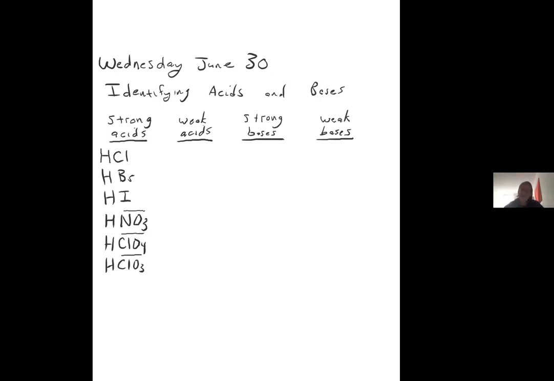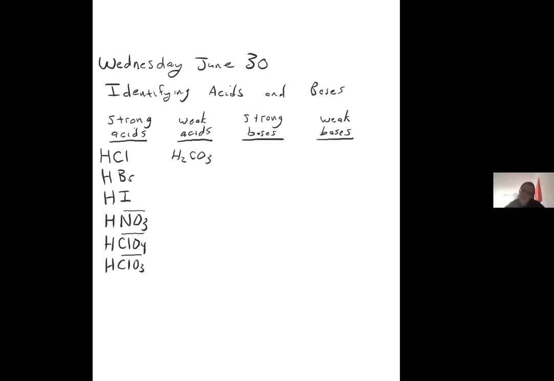Then there are weak acids, and I'm only going to do a short list of weak acids because the number of weak acids in nature is probably in the tens of thousands, at least thousands. There's a lot of weak acids out there, but I'm just going to show you a few. So the first one is H2CO3.